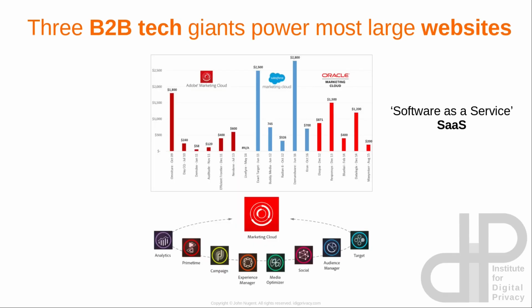At a bigger scale than web services is software as a service, or SaaS. SaaS ready-made applications like content management systems and web personalization engines are used by most large enterprise websites. And just 3 companies dominate the provision of SaaS services: Adobe, of Photoshop fame, Salesforce, and Oracle.